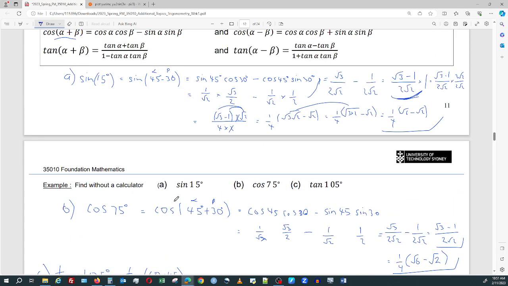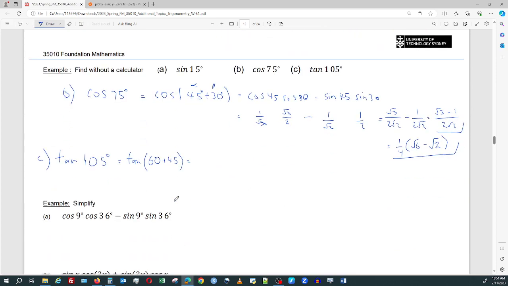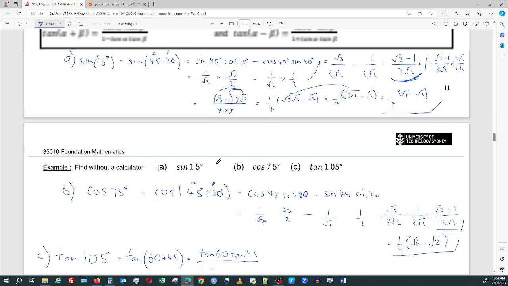tan alpha plus tan beta, tan 60 plus tan 45, as a product. Then 1 over 1 minus tan alpha tan beta. That's correct, isn't it?